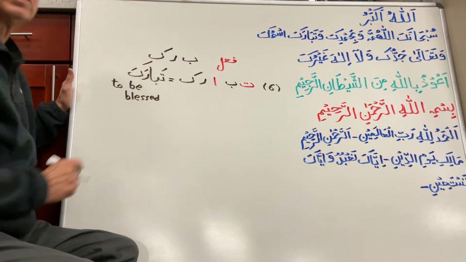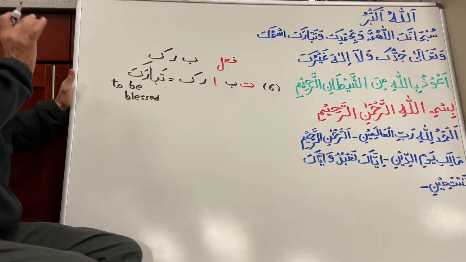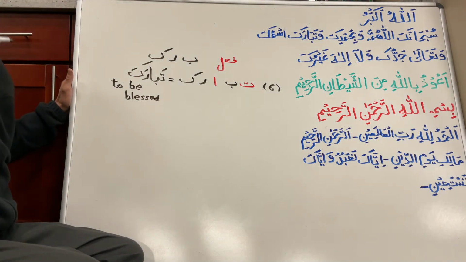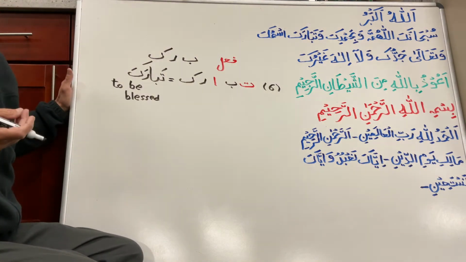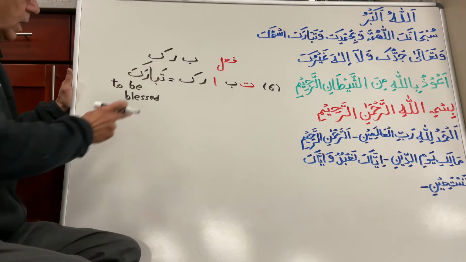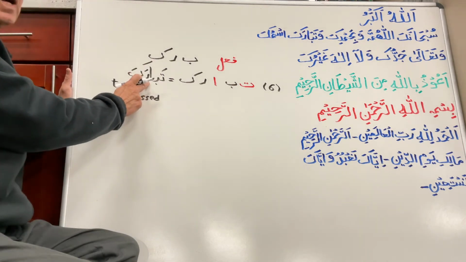To be blessed. Okay. Now I have mentioned that the name of the Bab is also the third person's grammar. Fa'ala, he did. Okay. So the name of the Bab is Tabaraka.